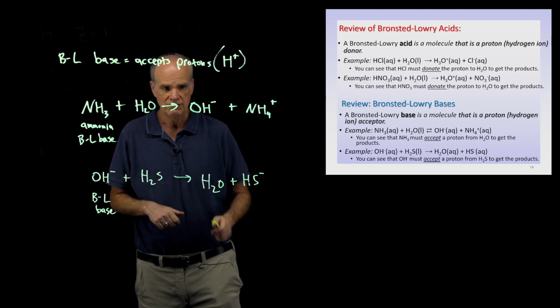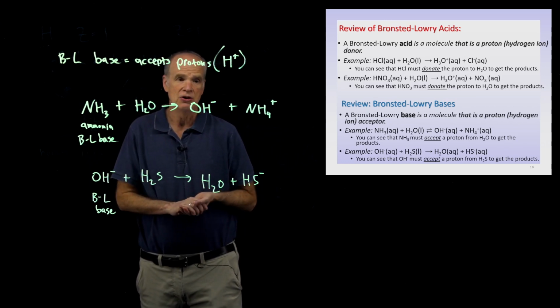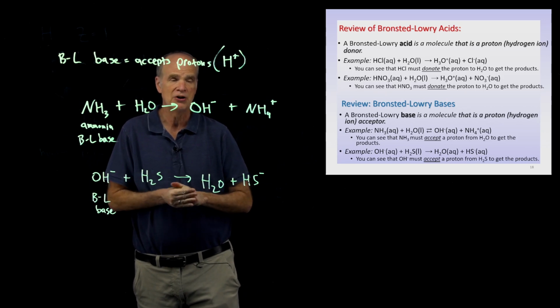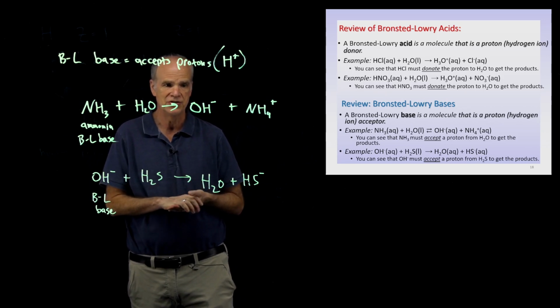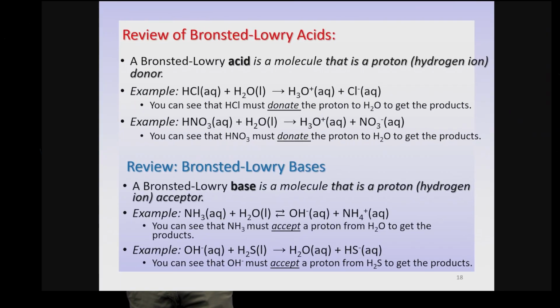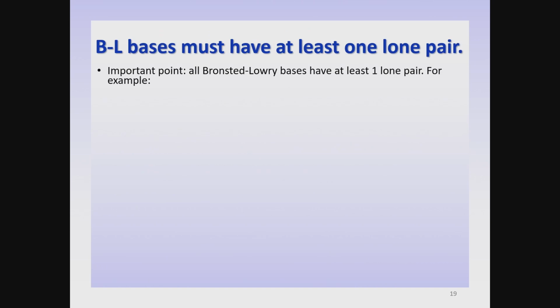Okay, so let me go ahead and increase the slide. I want to make a very important point about Bronsted-Lowry bases. These are molecules that must have at least one lone pair. So if the molecule has one or more lone pairs on it, it can act as a Bronsted-Lowry base.